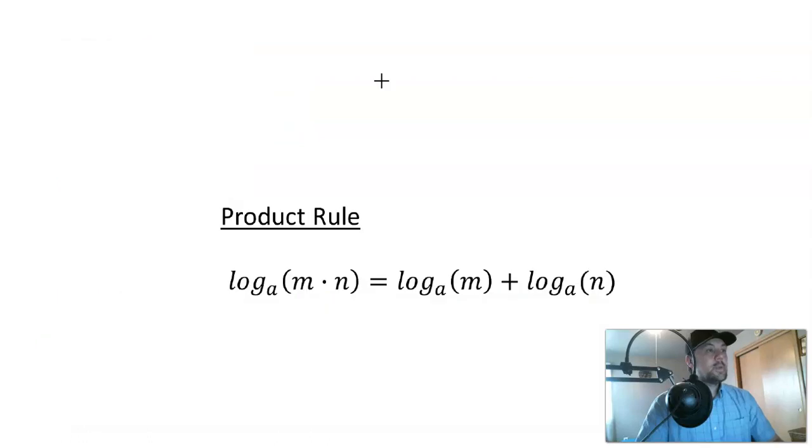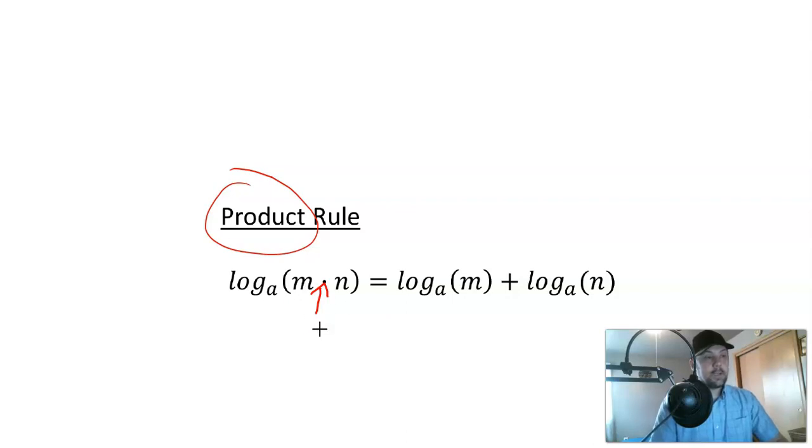All right. Now here's where things get really interesting. So we have the product rule, and it works this way. If you have log base a of m times n. So it's important here that you are multiplying the two things together, right? M times n. That's why it's called the product rule, because we're multiplying there inside the logarithm.